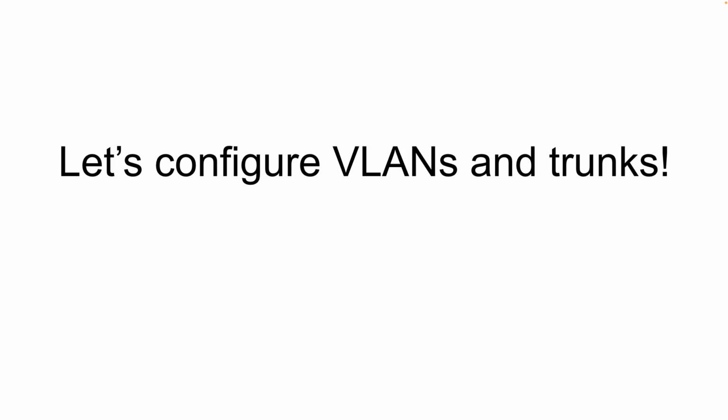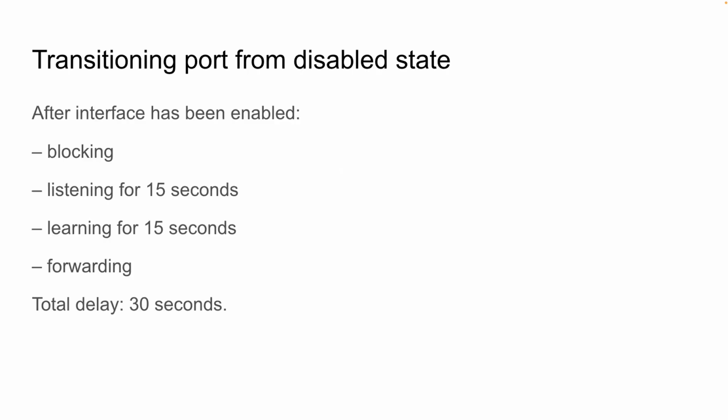Now, if the port was initially disabled with, for example, the shutdown command and is enabled, it spends quite little time in blocking status and almost immediately transitions to the listening state, where the switch calculates the future role for the port. If the switch decides that the port must stay blocked, then the port is returned to the blocked state and the topology doesn't change much.